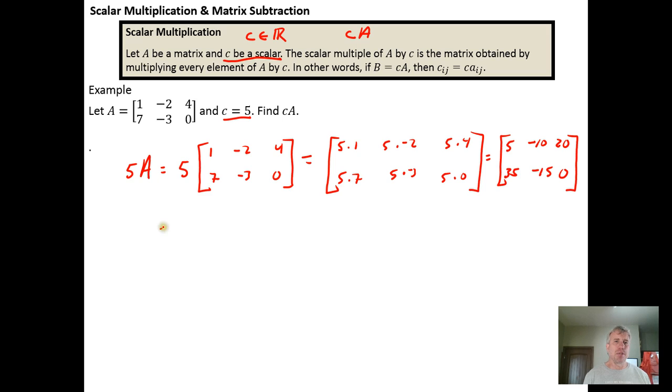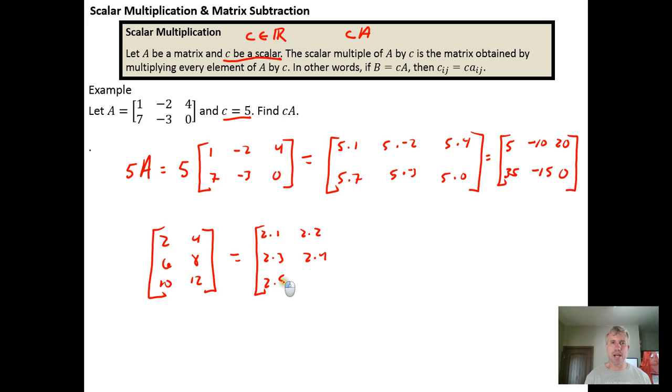So let's say I started with a matrix that had even numbers in it. Let's say I had 2, 4, 6, 8, 10, and 12. If we recognize that every element in the matrix has a common factor, in other words, this first element is 2 times 1, 4 is 2 times 2, 6 is 2 times 3, 8 is 2 times 4, 10 is 2 times 5, and 12 is 2 times 6.